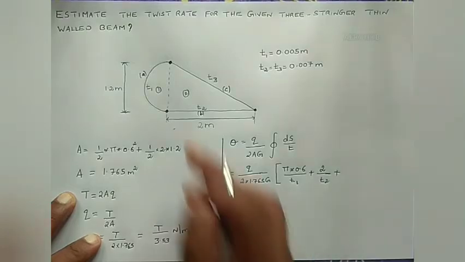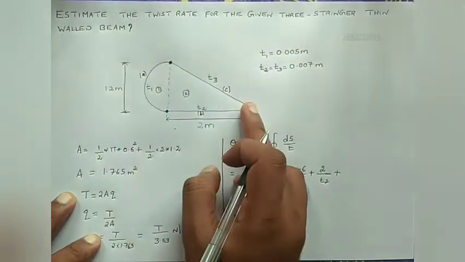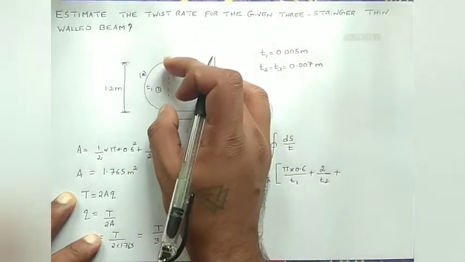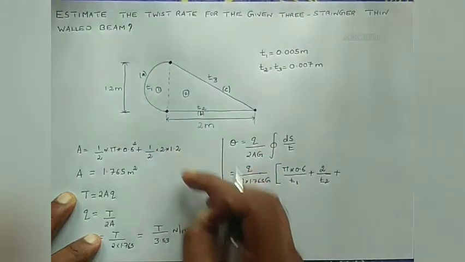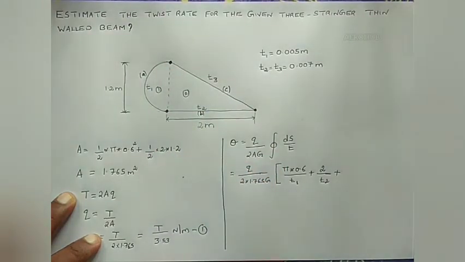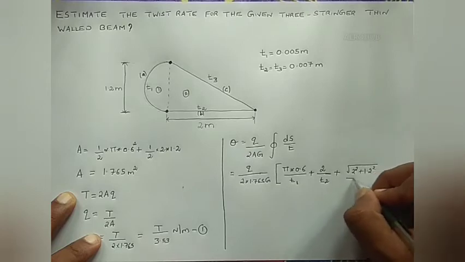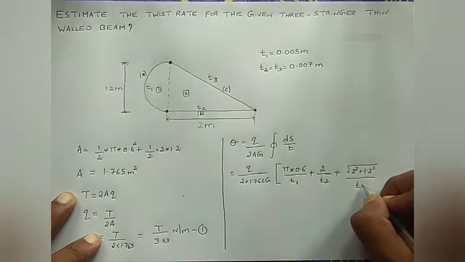Similarly, now we have to find out the total length of the hypotenuse of the triangle. We have the basic formula: base square plus height square will be equal to the hypotenuse square. So I will write root of 2 square plus 1.2 square divided by the thickness T3.